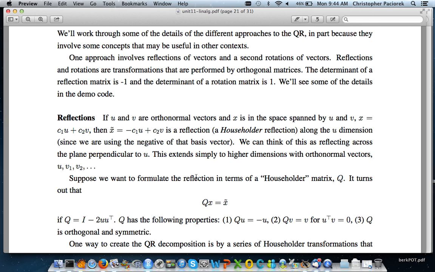And so what's the trick that we're trying to do to zero out elements of the X matrix? Well, one way we can think of this is, suppose I have my vector x. I want to do a reflection that's going to put this vector on the axis here.